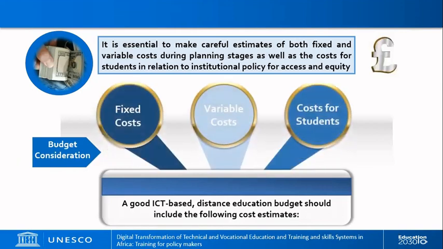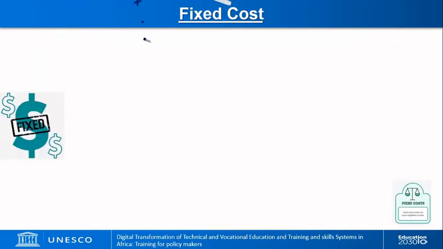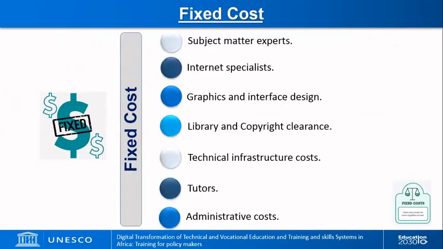So a good ICT-based distance education budget should include the following cost listing: fixed costs, variable costs, and cost for students. So fixed costs include the cost for subject matter experts, internet specialists, graphics and interface design, library and copyright clearance, technical infrastructure costs, tutors, and administrative costs.